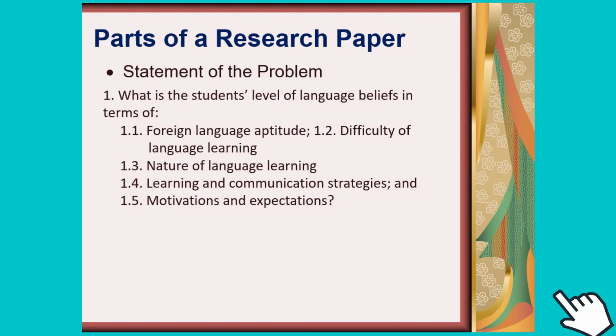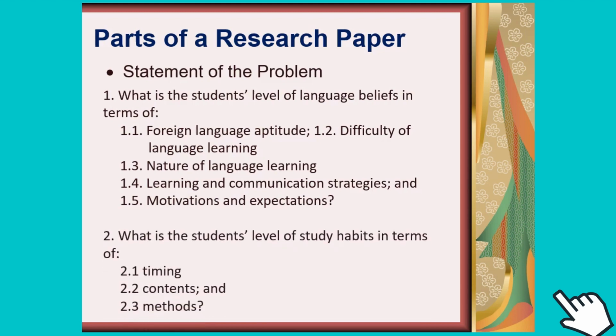What is the student's level of language beliefs in terms of foreign language aptitude, difficulty of language learning, nature of language learning, learning and communication strategies, and motivations and expectations? 2. What is the student's level of study habits in terms of timing, contents, and methods? Again, statement of the problem comes before the hypothesis.